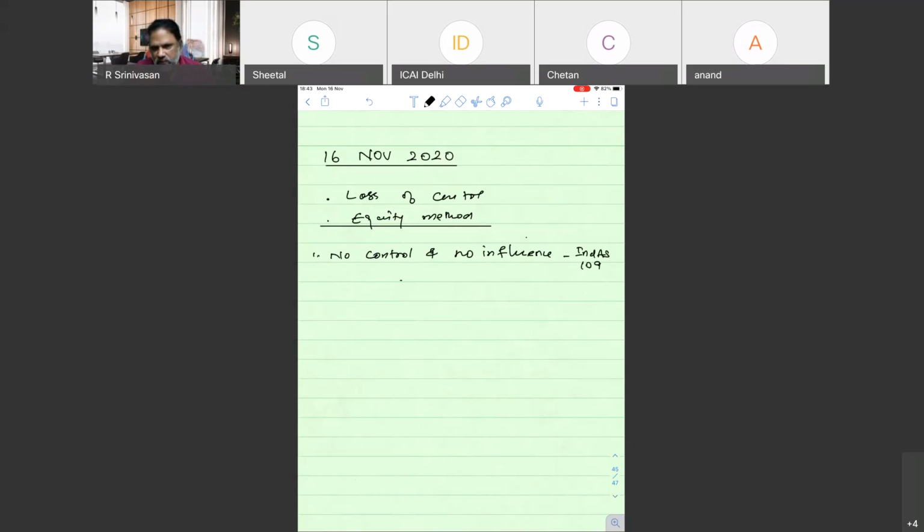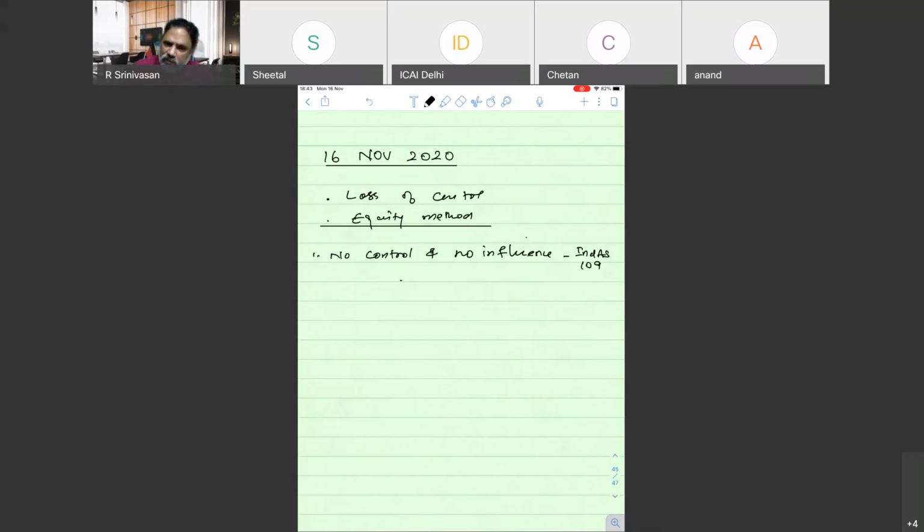So when there is no control and no influence in the management, then we will be following Ind AS 109. It is a simple investment. Like any other investment, this is also an investment just to earn profit, nothing more than that.